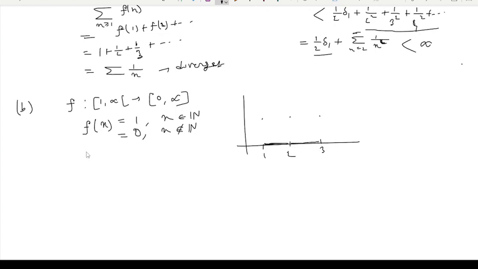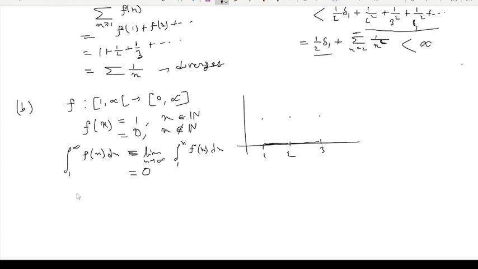And if we calculate this integration 1 to infinity fx dx, we can write it as limit n tends to infinity integration 1 to n fx dx, and clearly this integration will be 0, because there are only countably many points where f takes a non-zero value, otherwise f is 0. So clearly this value will be 0.